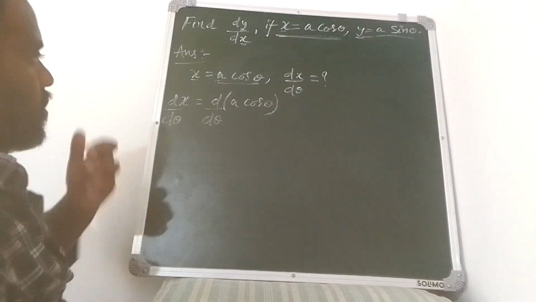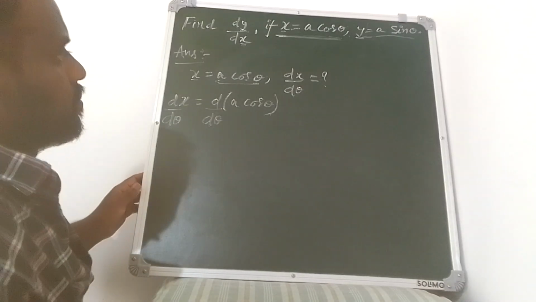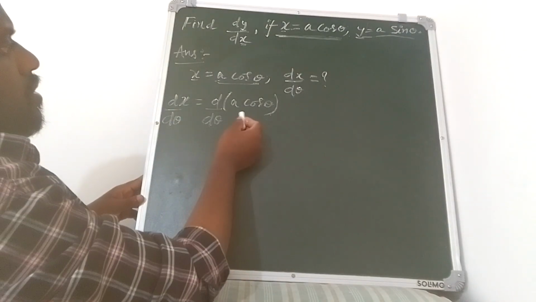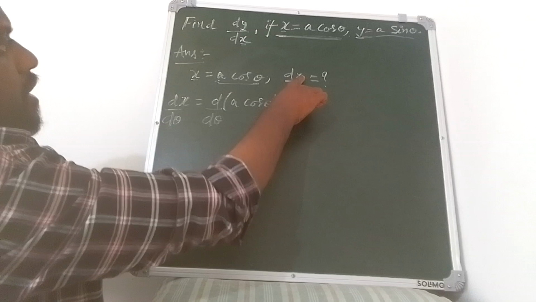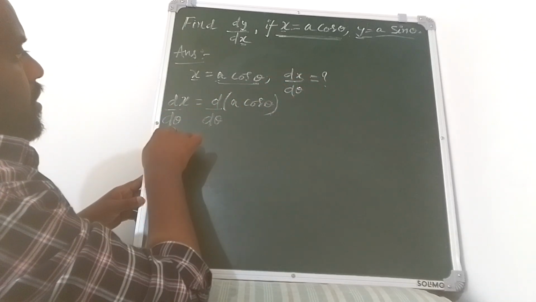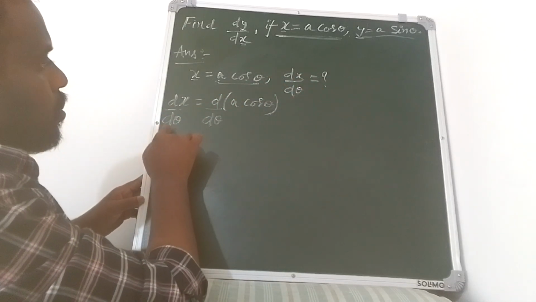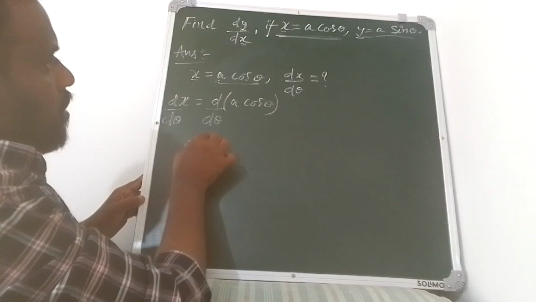Okay, now next step is what? We want dx by d theta. You keep this here only, don't change anything, put equal.